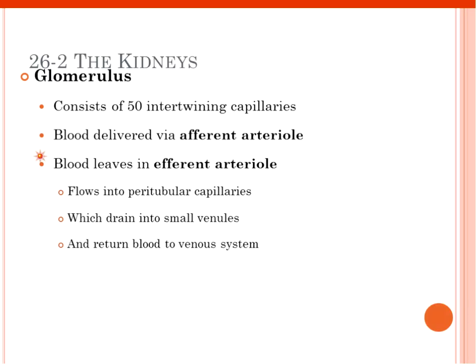That blood is going to go back into main circulation through the peritubular capillaries that surround the nephron, and they drain into small venules and, as I said before, return blood back to the venous system. The way the glomerulus works is it kind of just throws everything it can possibly get out. Then all along the rest of the nephron, there are small fine-tuning adjustments made to what we would call the filtrate.